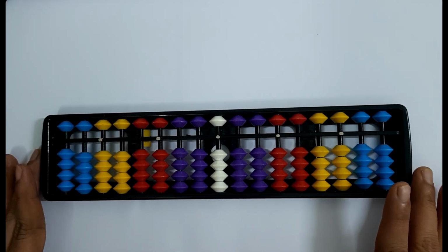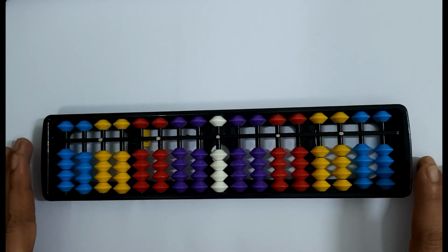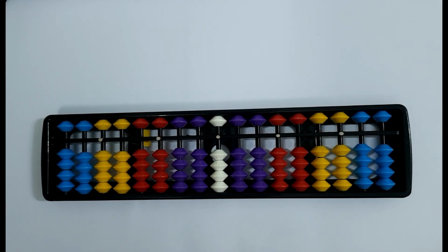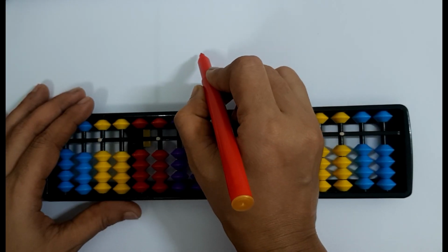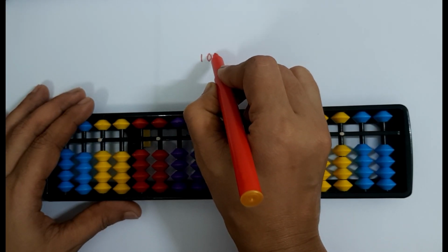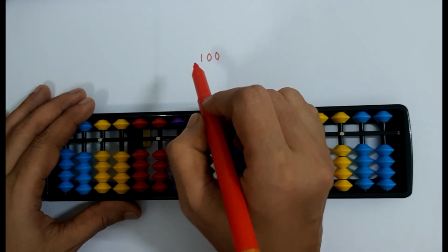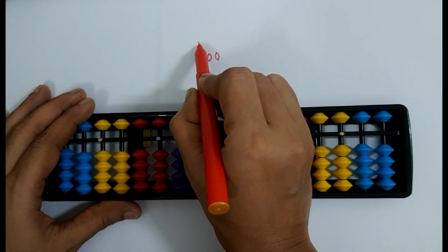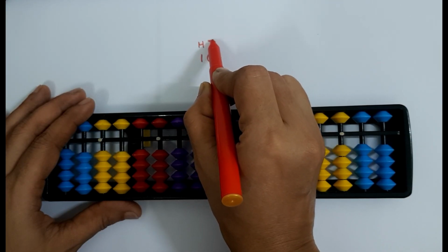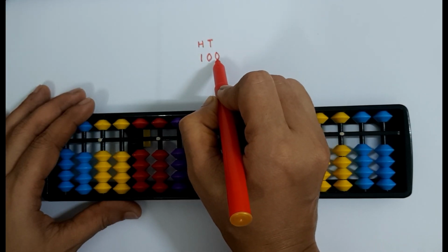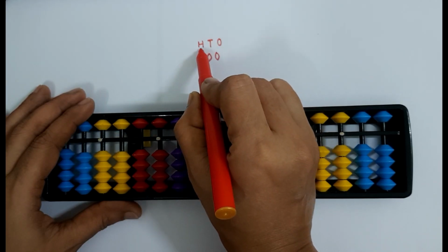In this video, I will be showing you how to represent 3-digit numbers in this tool. Which number is the lowest 3-digit number? That is 100, right. In 100, 1 is at the hundreds place, 0 is at the tens place and this 0 is at the ones place, right.